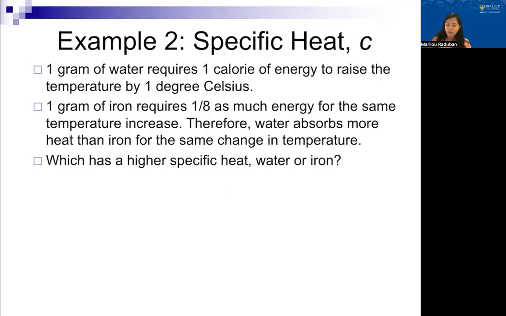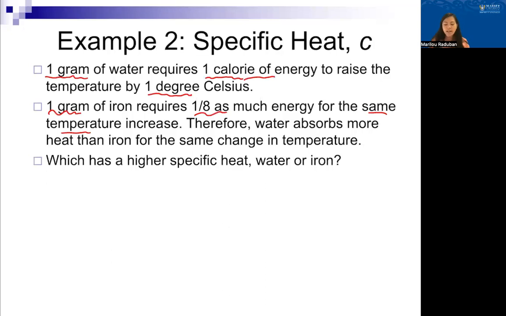That means water absorbs more heat than iron for the same change in temperature. It's the same amount, 1 gram, the same change in temperature, 1 degree Celsius, but different materials, and therefore different amounts of energy, different amounts of heat.